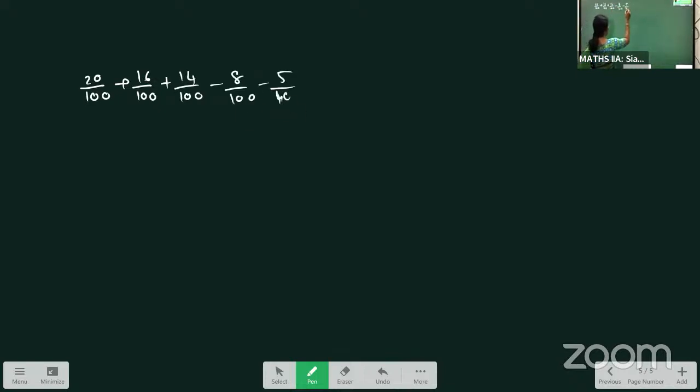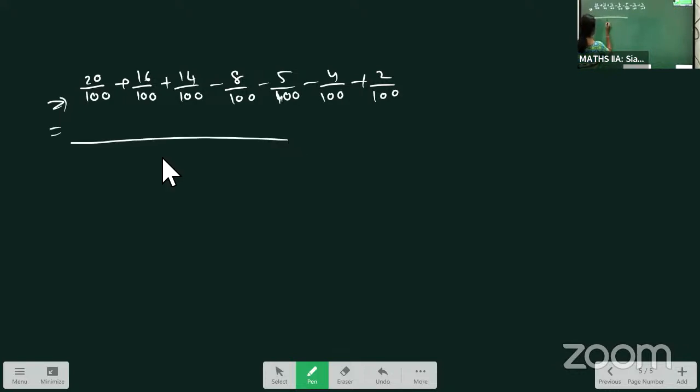P of A is 20 by 100 plus 16 by 100 plus 14 by 100 minus 8 by 100 minus 5 by 100 minus 4 by 100 plus 2 by 100. If we observe, all denominators are same. No need of cancelling. Directly take the common denominator. It is 100.